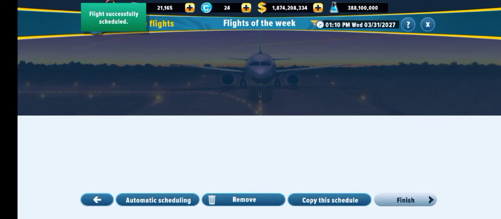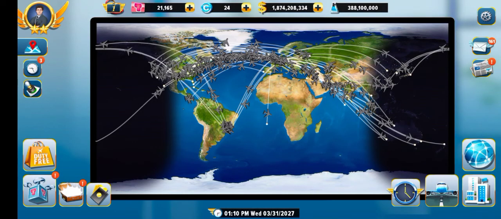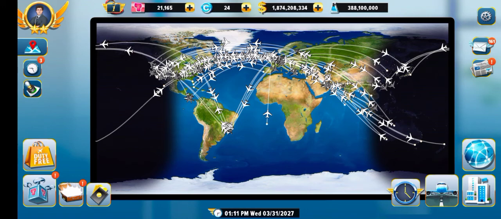Now, I may have scheduled this plane to have a usage of about 95 or even 80, but I ensured that I could really fill the plane up profitably, and that is what really matters.